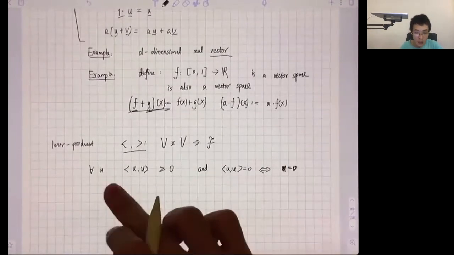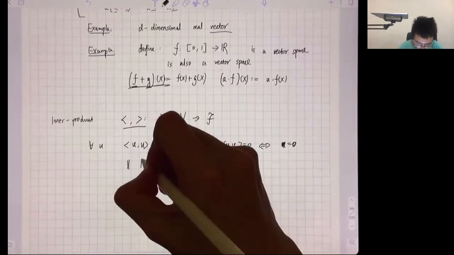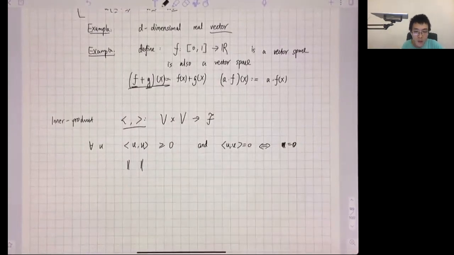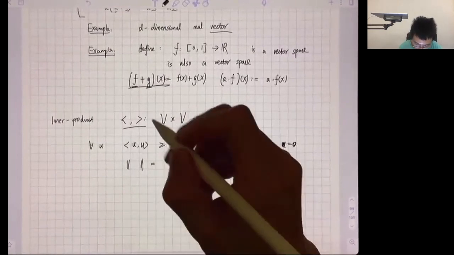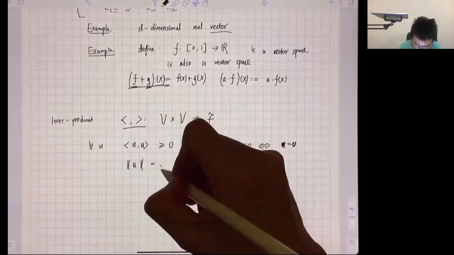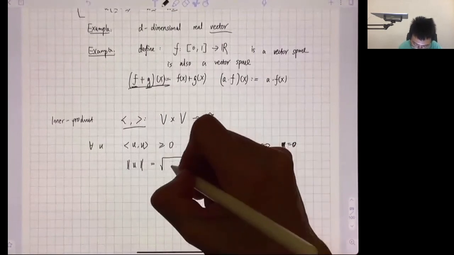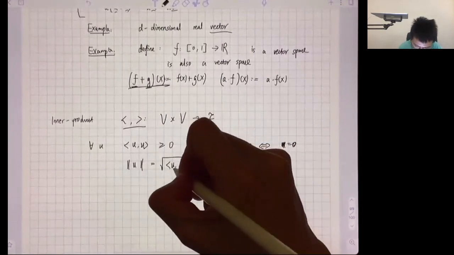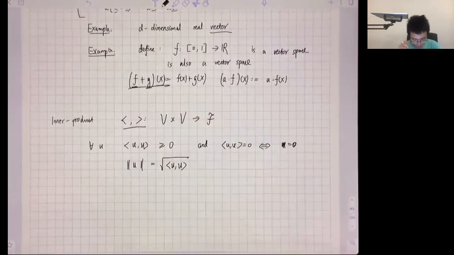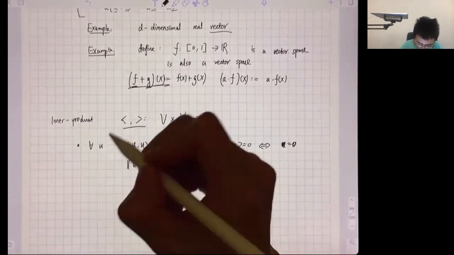So it basically tells you that inner product can define a norm of a vector, the length of a vector, okay? The norm can be induced from inner product as this. Okay, so this is one property.